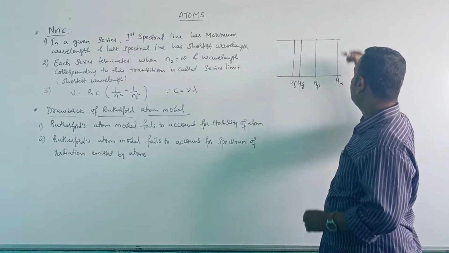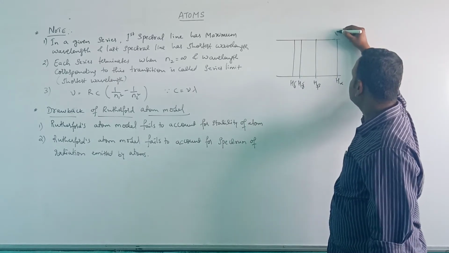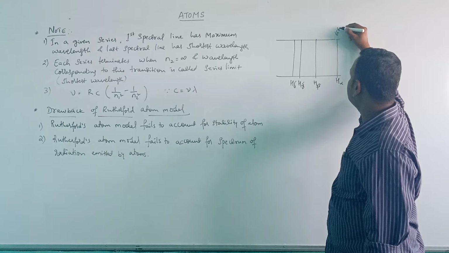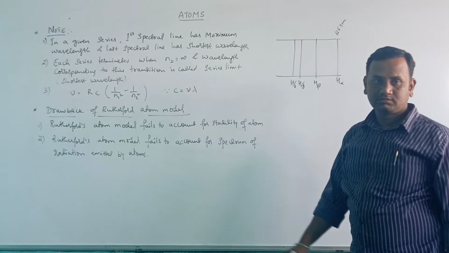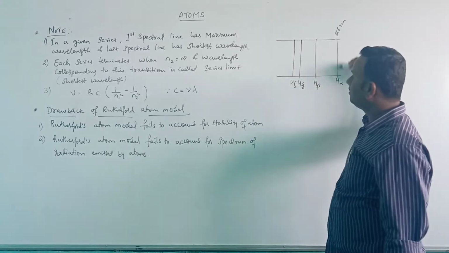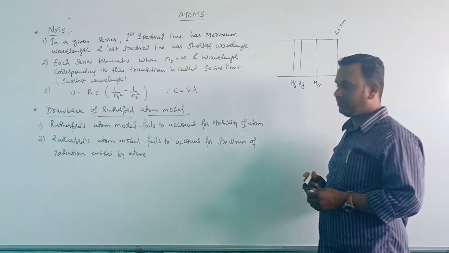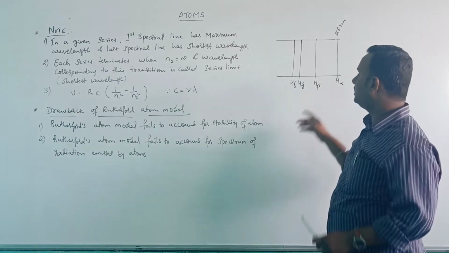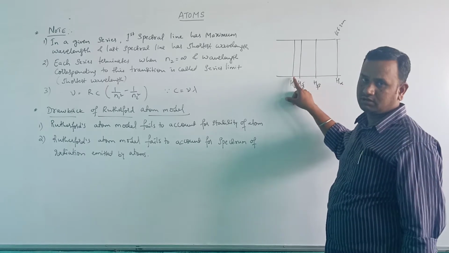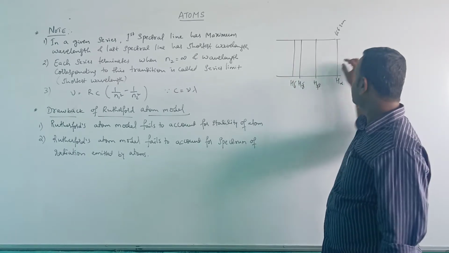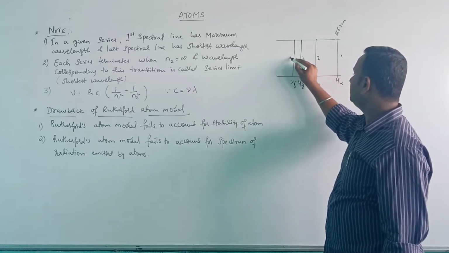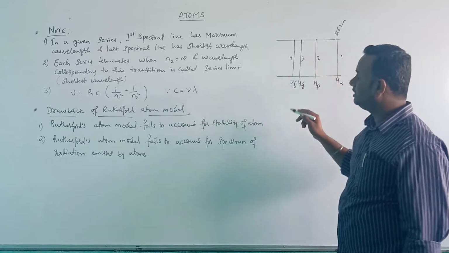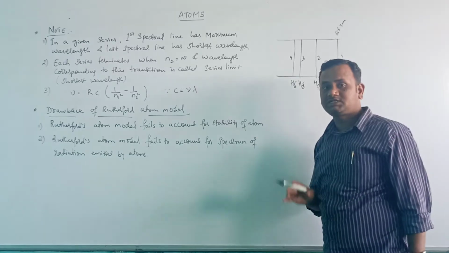What I have written here is that the first spectral line of the Balmer series is 656.3 nanometer, which has the maximum wavelength. And the last spectral line among these four, first, second, third and fourth, has the shortest wavelength.